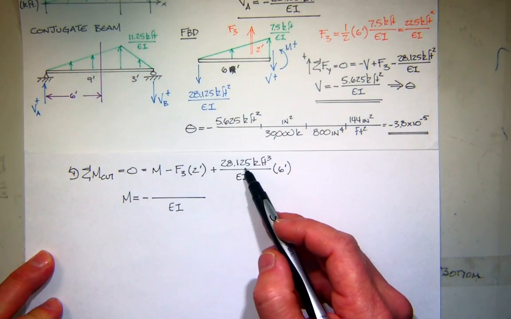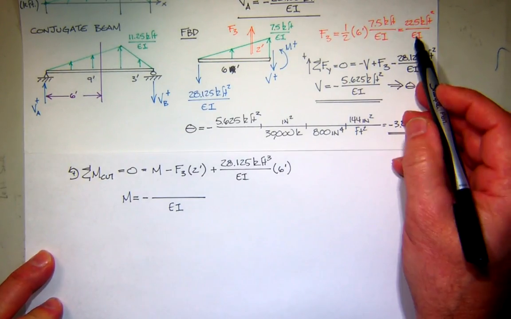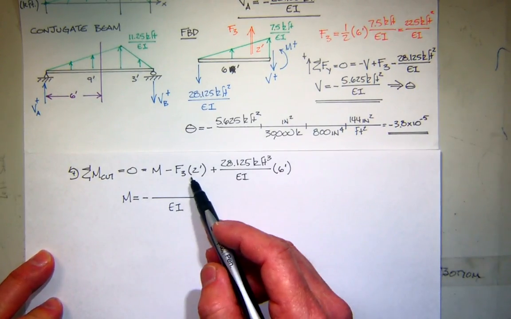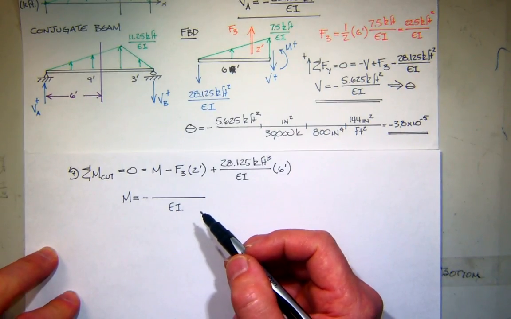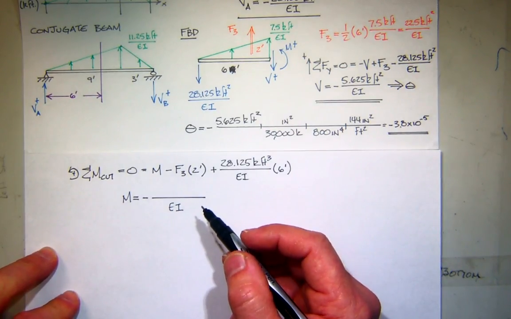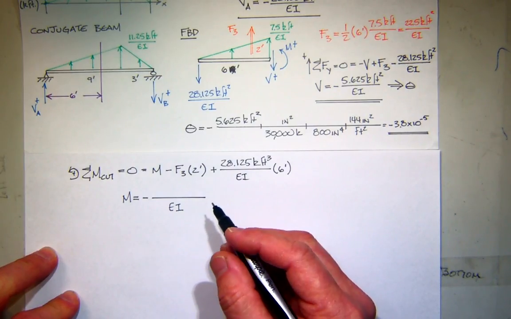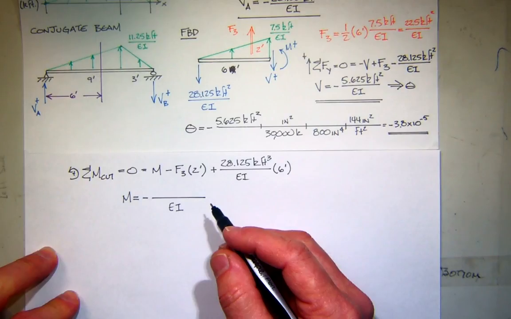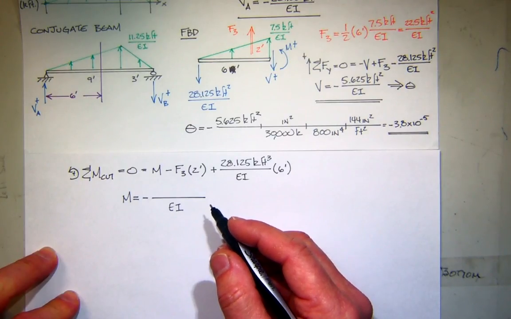So it would be 28.125 times 6, minus 22.5 times 2. Anybody else get that? Mr. No, what did you get?